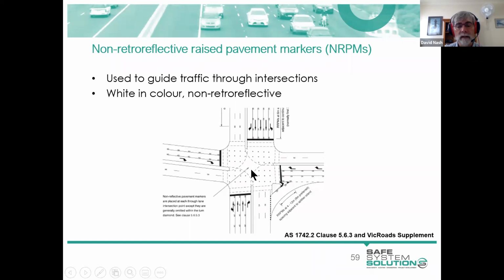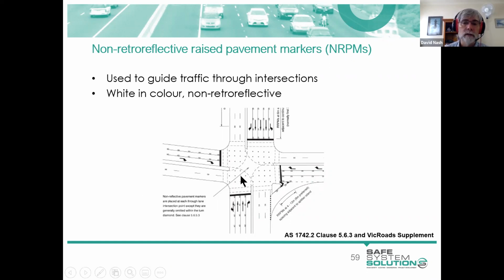However, this comes from one of the other documents, I'm not quite sure which one, but I strongly recommend that you don't put the markers in the middle of the intersection as defined by this diamond shape of the turn lines, because that's where the right turners are going to go, and the right turners are going to get a bit confused if you have markers sort of right in the middle of their path.